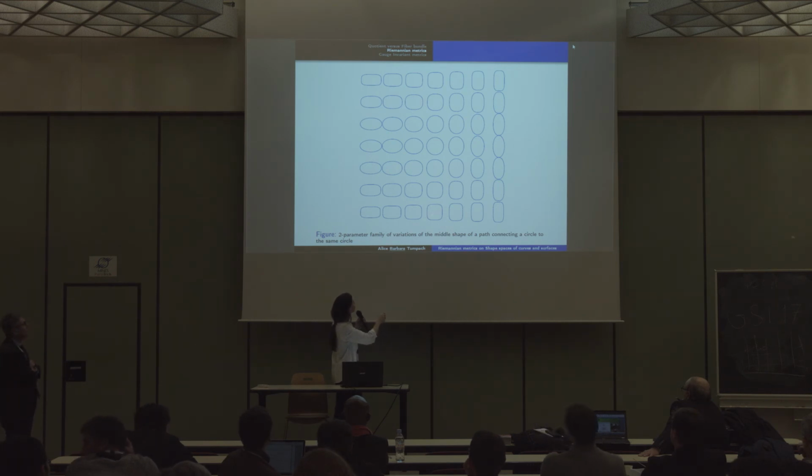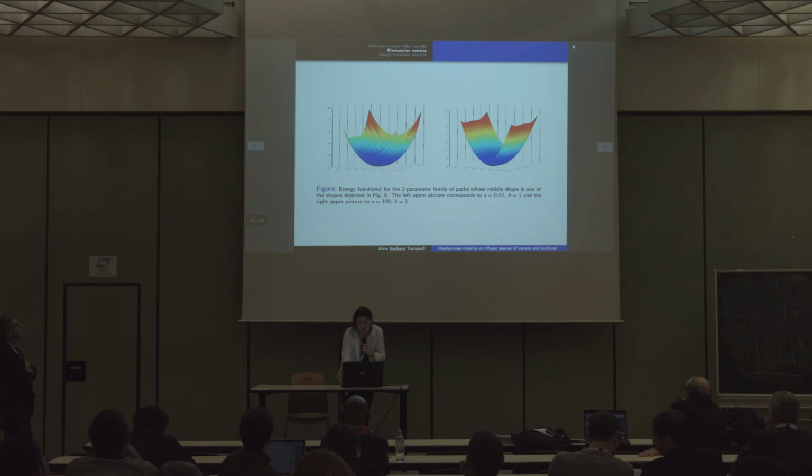Well, add corners at 4 points. So we compare the energy function on this, and you have this kind of picture where if A over B is small, the two directions are mostly equal. If A over B is big, then there is a preferred direction.